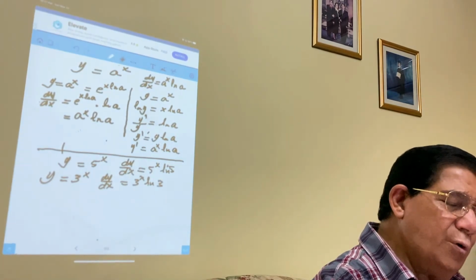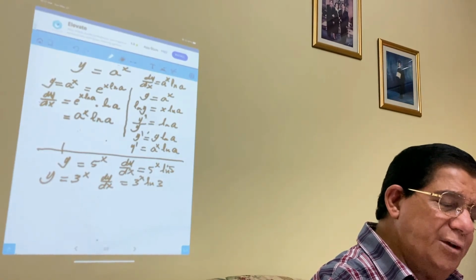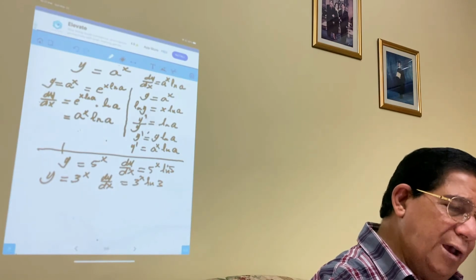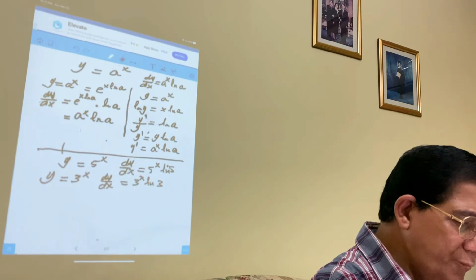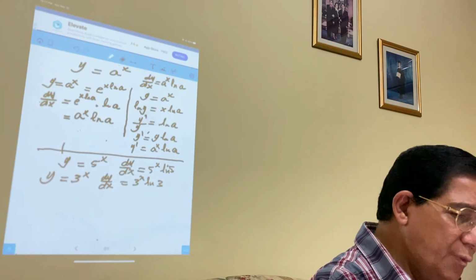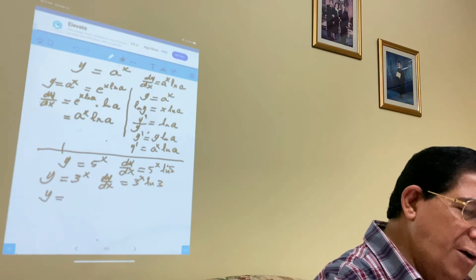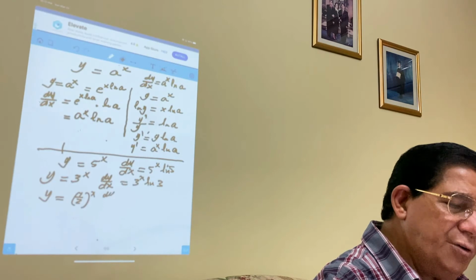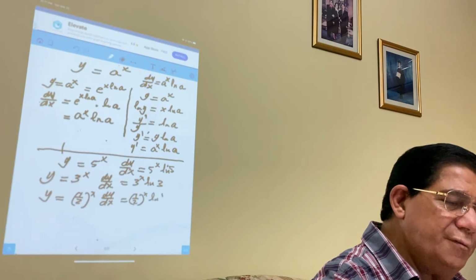Very straightforward rule. Y equal e power x, it is e power x. But if 3 power x, it is 3 power x ln 3. Now, if y equal half to the power x, dy by dx equal half power x ln half.